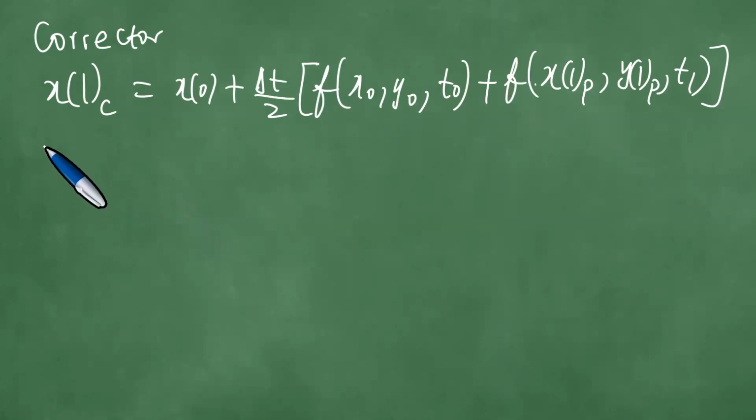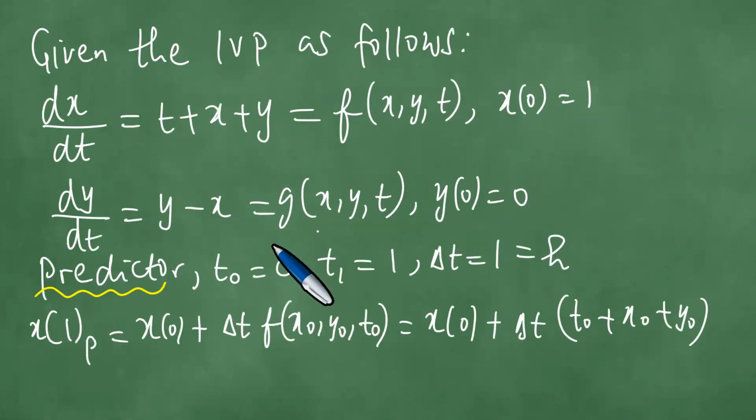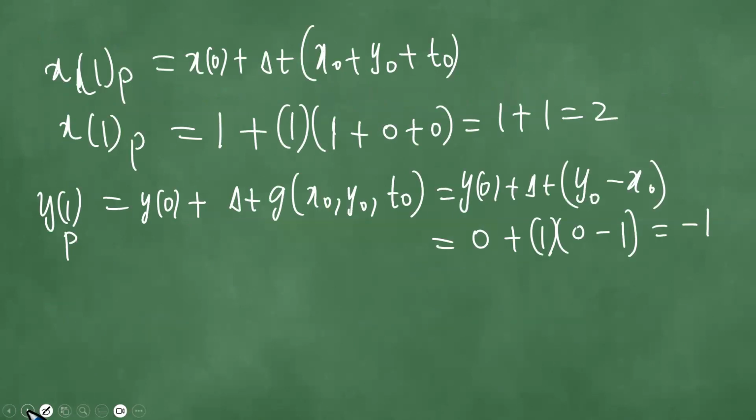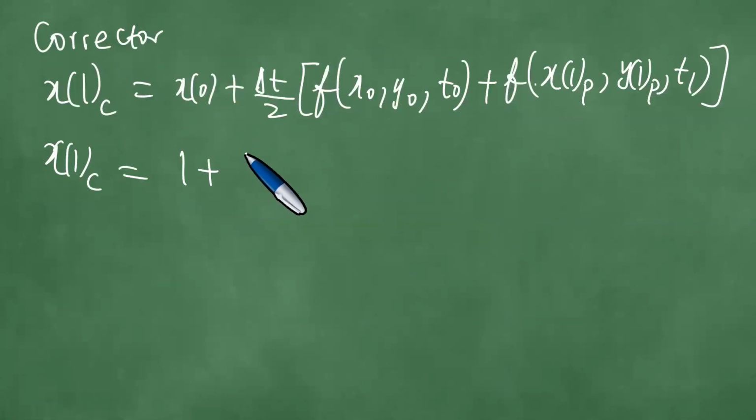So which means that x1 corrector. What is x0? We saw that x0 is 1. x0 is 1, t0 is 0. This delta t is 1. What is f of these things? We add them up.